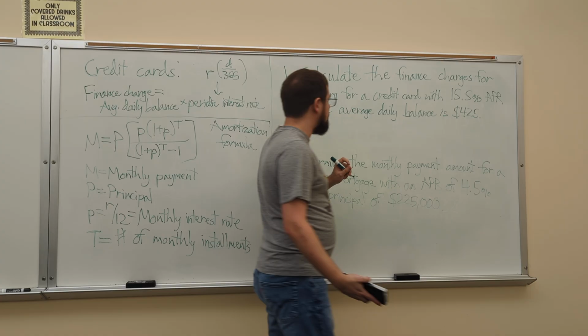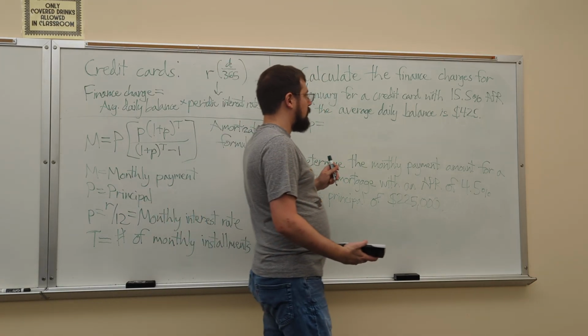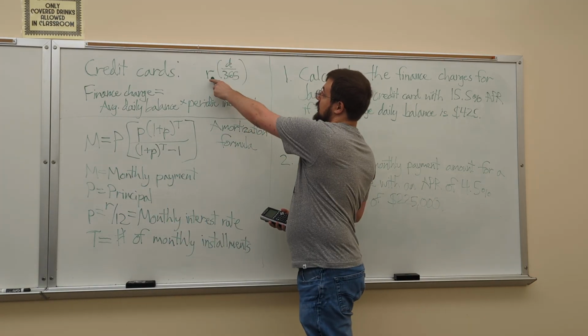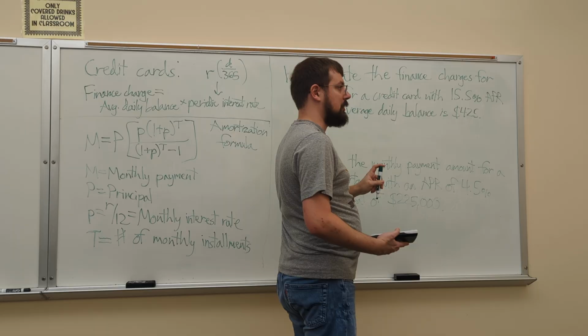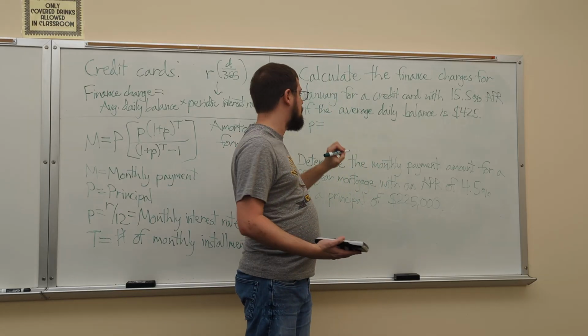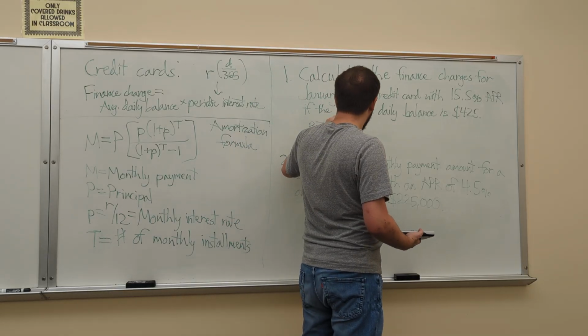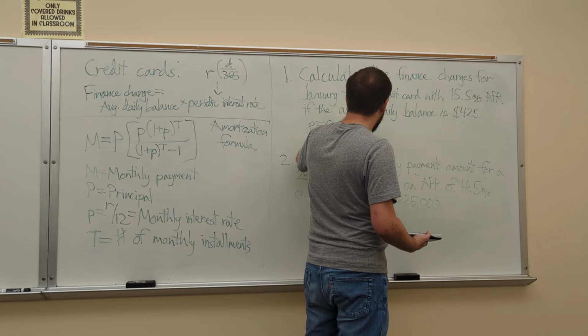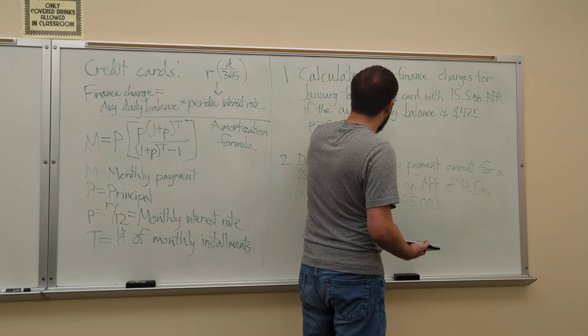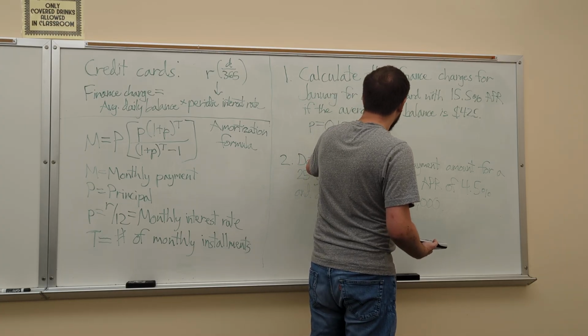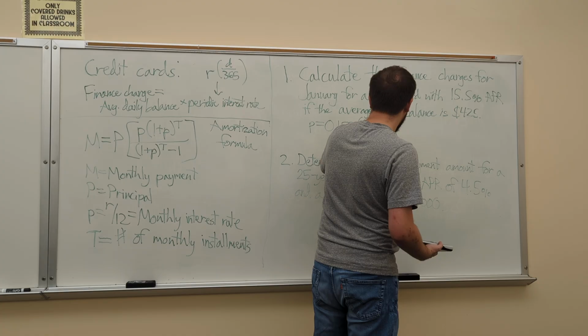There are 31 days in January, so it's going to be our APR, 15.5%, expressed as a decimal, 0.155, times our number of days, 31, over 365.